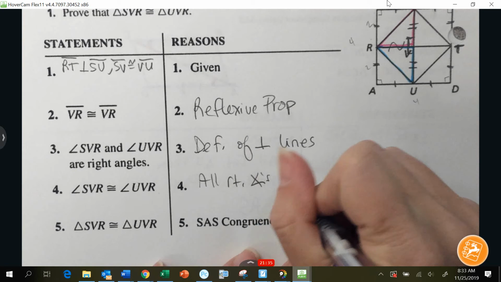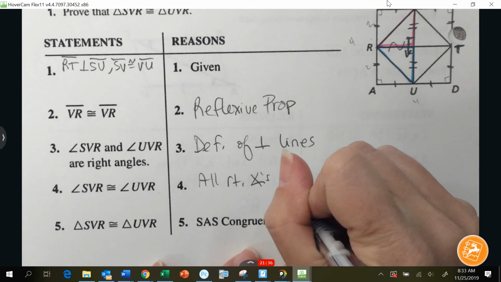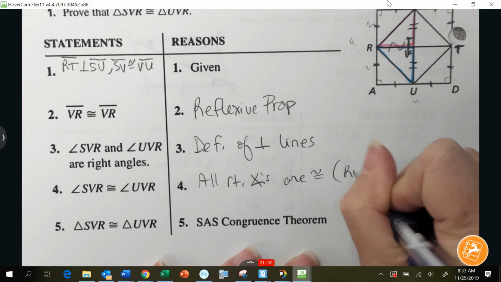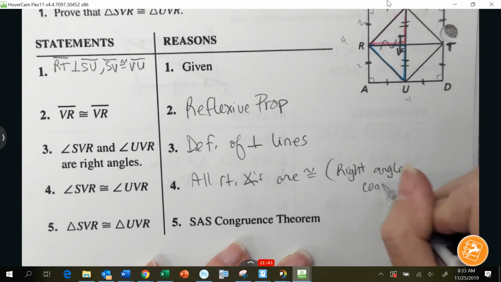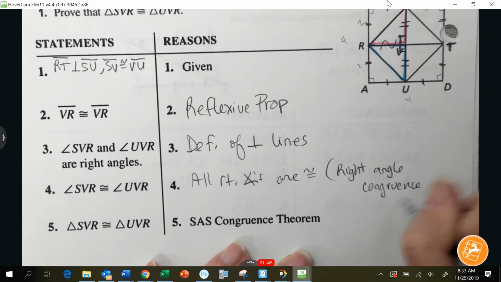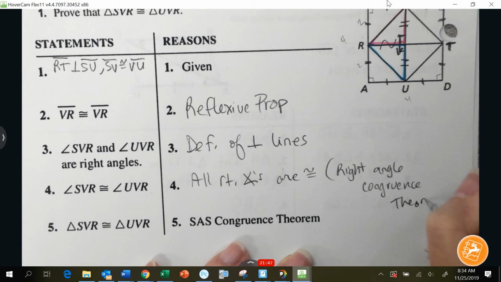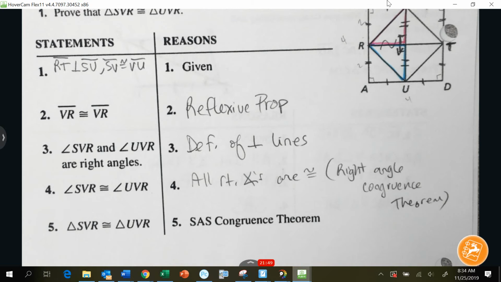I think that's what it is. Pretty sure that's what it is. If you have two angles that are right angles, then they're automatically congruent because all right angles are congruent.